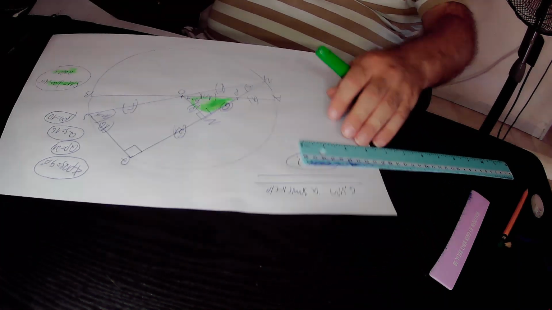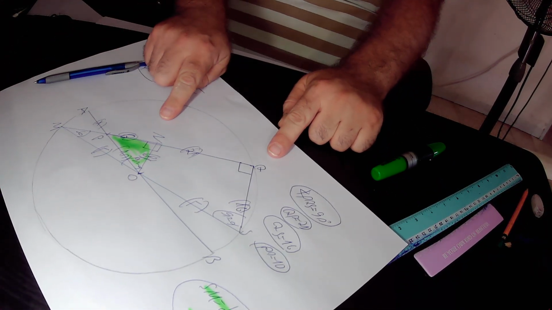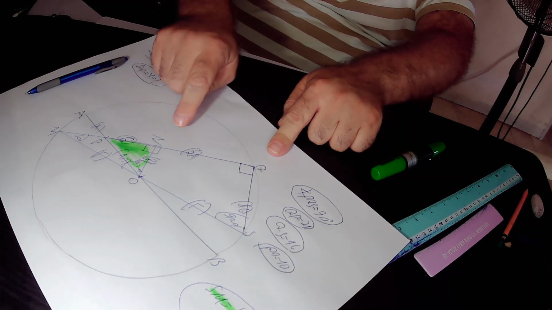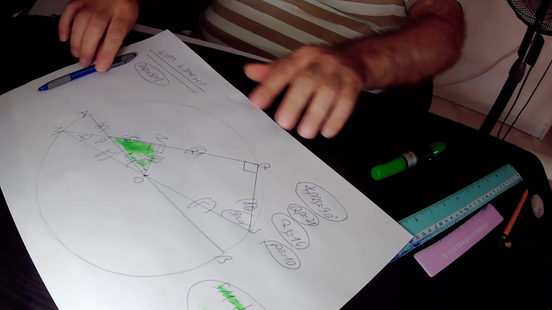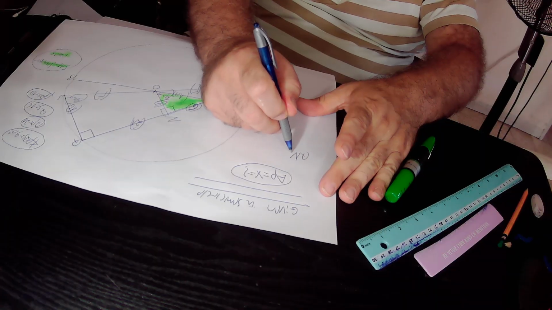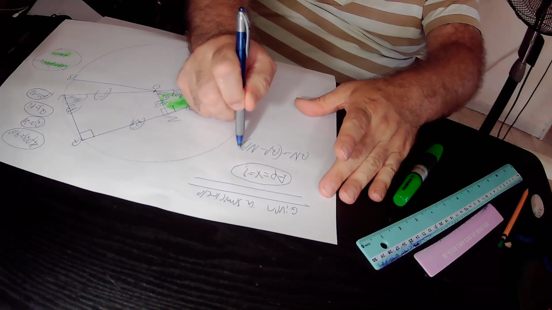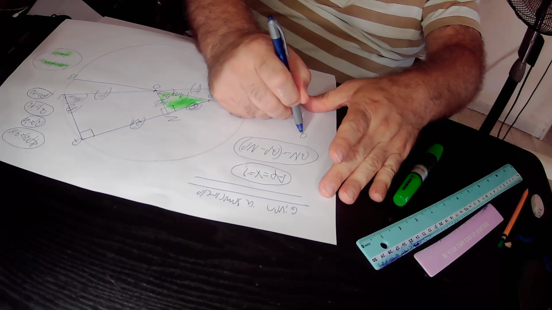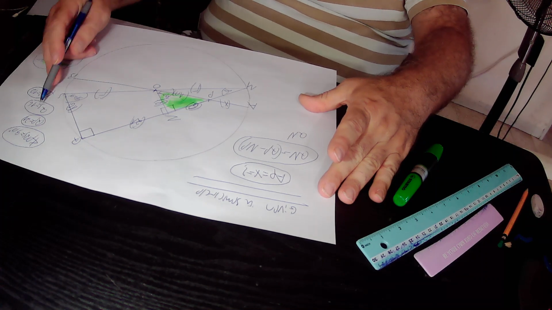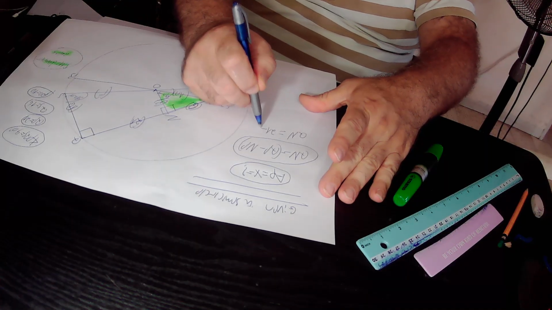What is the length of this missing line segment QN? From the drawing, it is very easy to see that QN in total equals QP minus NP. Again, QP minus NP equals QN. So I write it down: QN equals QP minus NP. So QN in total equals QP, which is 21 according to what is given in the question, minus NP.